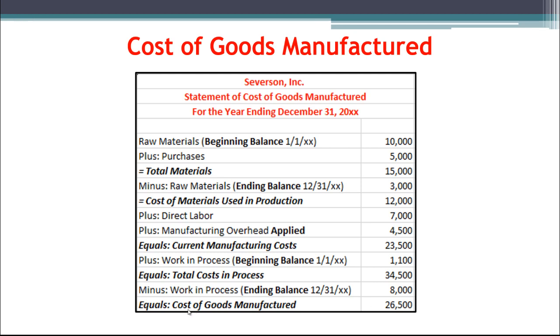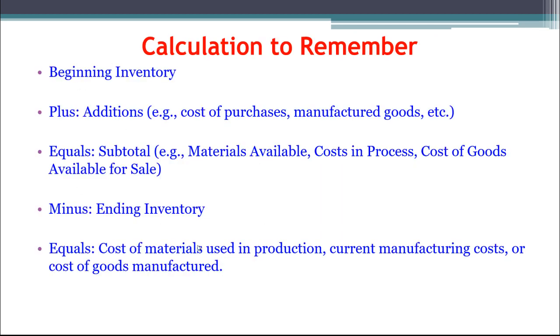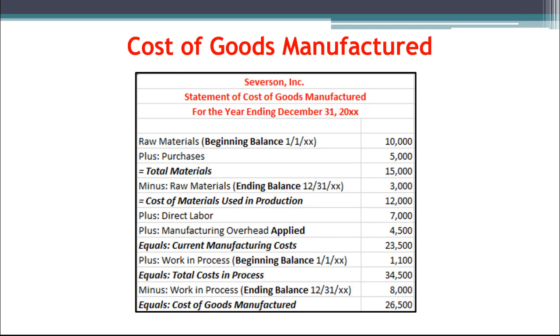Now that gives us the cost of goods manufactured, which is the purpose of this statement. So there were two instances of this equation, one with the materials and then one with the in-process costs altogether. We've arrived at the cost of goods manufactured, the $26,500.